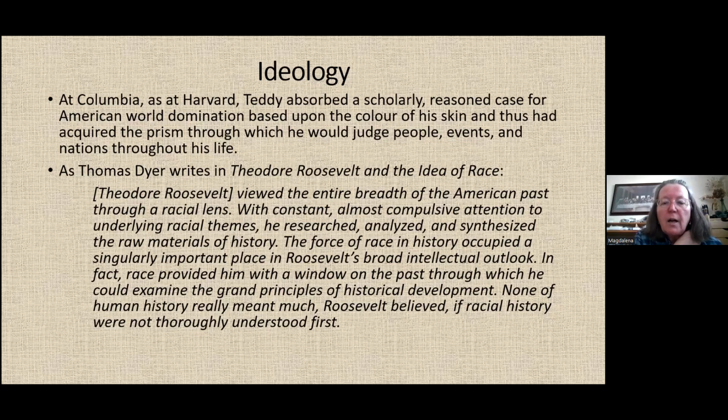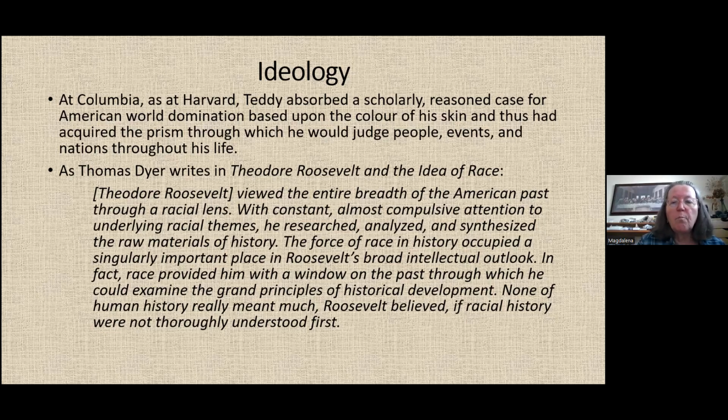He researched, analyzed, and synthesized the raw materials of history. The force of race in history occupied a singularly important place in Roosevelt's broad intellectual outlook. In fact, race provided him with a window on the past through which he could examine the grand principles of historical development. None of human history really meant much, Roosevelt believed, if racial history were not thoroughly understood first.